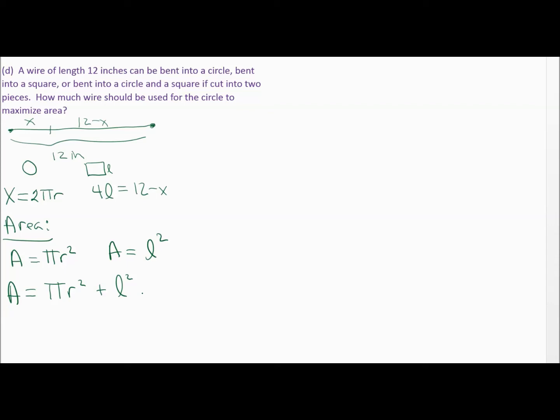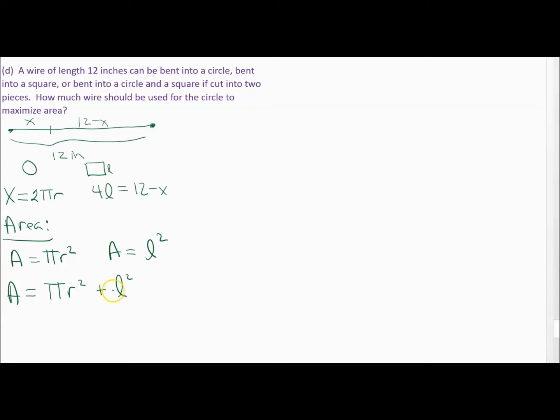Now, that doesn't take into account the information we found before. So now we're going to use these constraints, because that's what that really is, our constraints. Our real constraint is our wire is only 12 inches long. That's our true constraint. But mathematically, the situation is that the circle is going to be made out of this piece we called X, and the square is going to be made out of this piece called 12 minus X. Now, if I could get rid of this R and get rid of this L and have all the same variable, I'd be doing great.